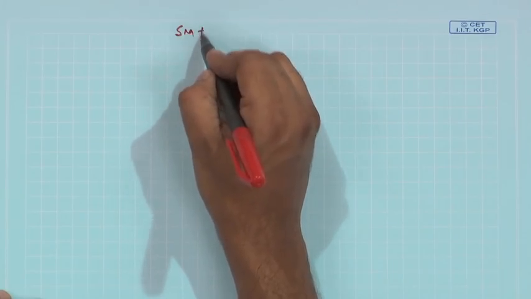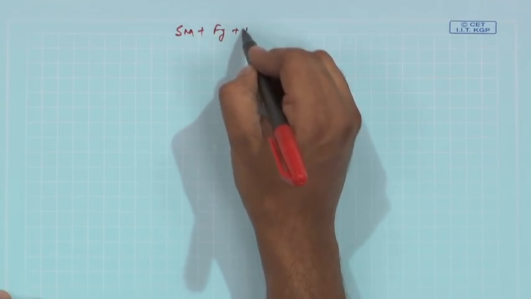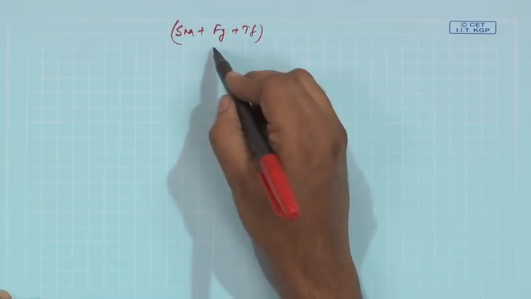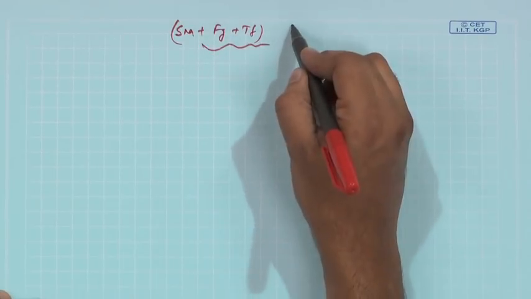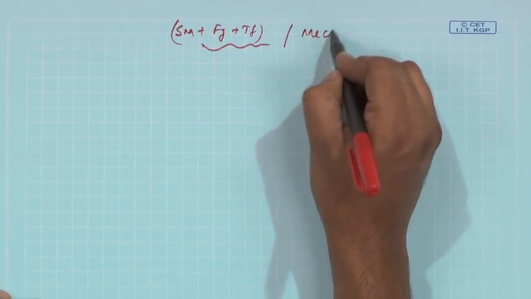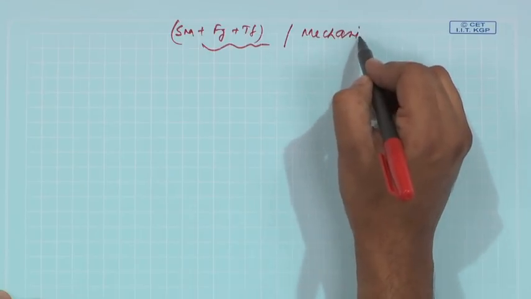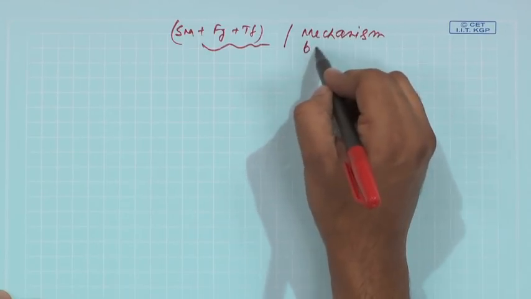Now, in addition to functional group transformation based strategies, sometimes we can talk about another strategy which is basically similar, the mechanism based strategies.